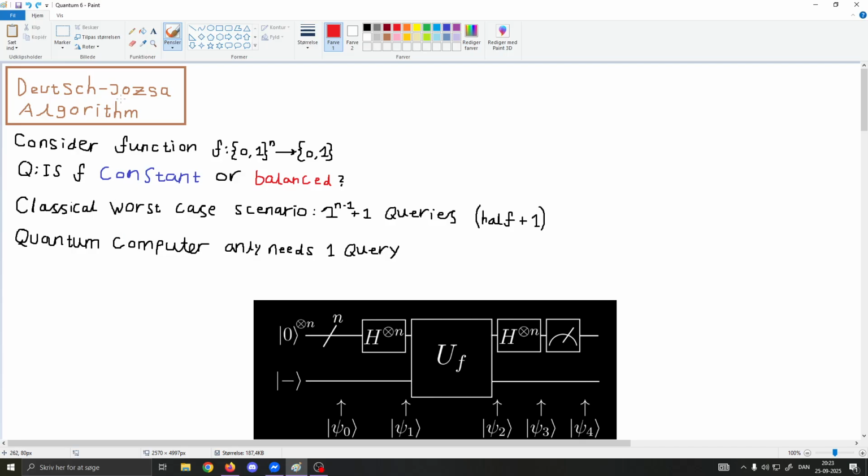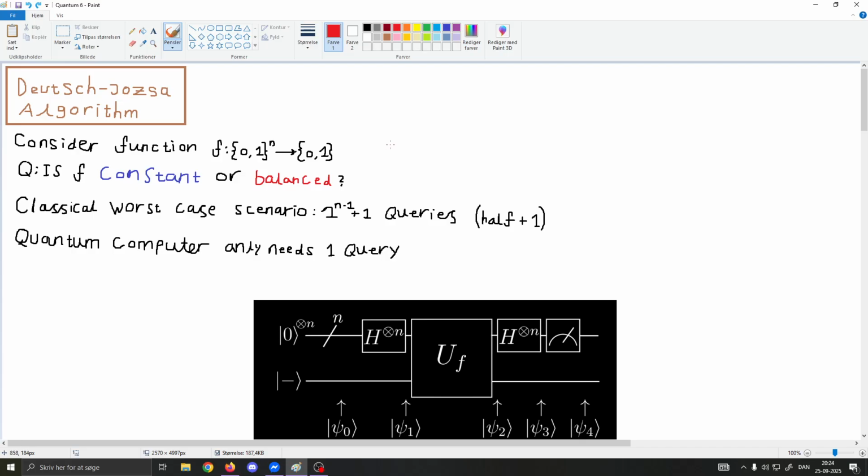Now, Deutsch-Jozsa's algorithm is slightly different, but still very much the same. It basically says, for an input of any length, which is obviously a bit input, which pops out a value 0 or 1, is the function constant or balanced?